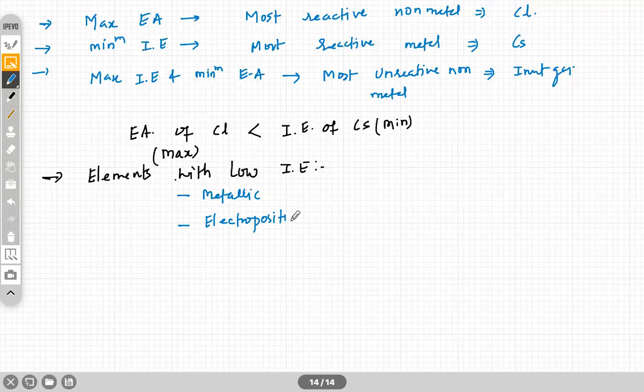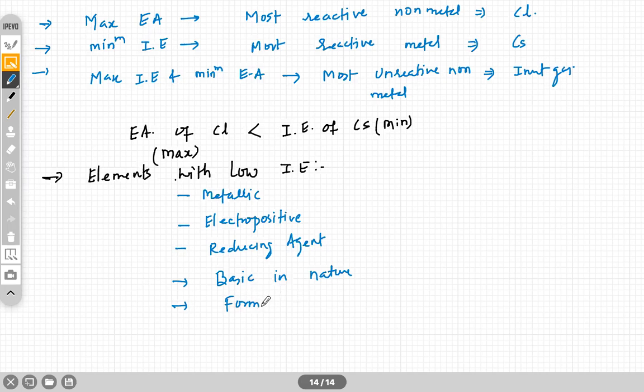Tendency to gain electron is electronegativity, lose electron is electropositivity. Losing electron, hence they are a reducing agent, basic in nature, and form ionic compounds. All these properties we can conclude from ionization energy.